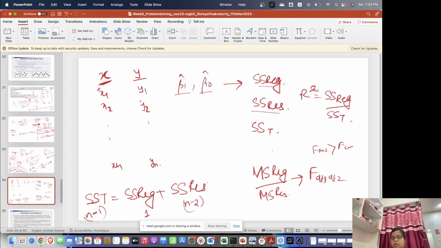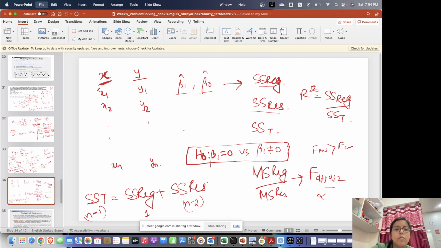Then we get the observed F statistic and compare it with the critical point at alpha level of significance, where H naught is beta 1 equal to 0 versus beta 1 not equal to 0. These things will follow later, and in the next class we are going to solve more problems on the CRLM models and equations.